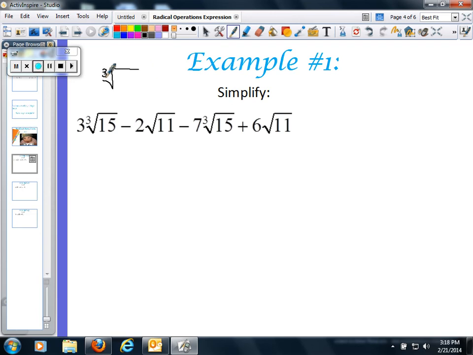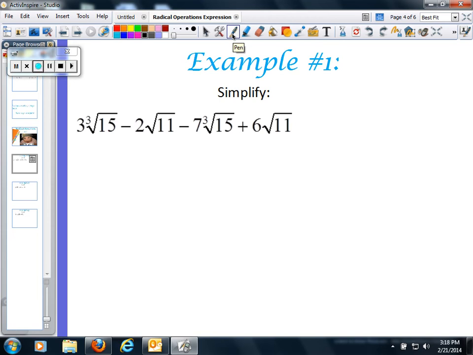If I put a 3 here, this is called the cubed root. If I was to put a 4 here, that would be the 4th root, and a 5th, and a 6th, and so on, okay? So that's all that means. Now you're not looking to find the cubed root of a number, at least not right this second, okay?